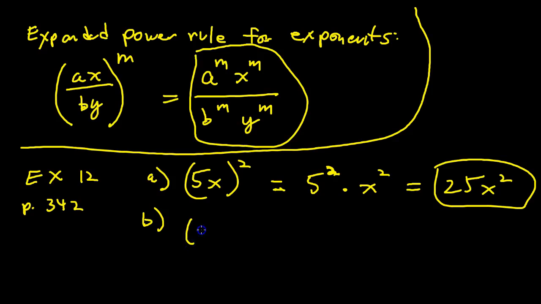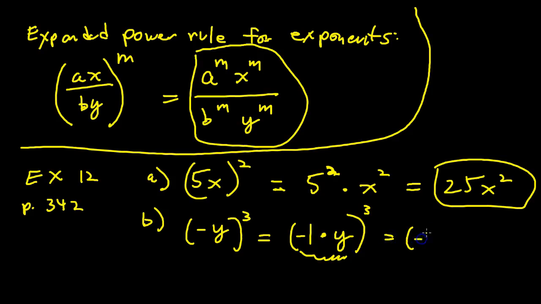How about minus y cubed? Well, don't forget, having a negative sign in front of a variable is really like having an invisible factor of -1. So if I've got a product here, minus 1 times y cubed, I can really distribute that exponent over that product and then simplify. -1 to any odd power is -1, times y cubed is, of course, just y to the third power.